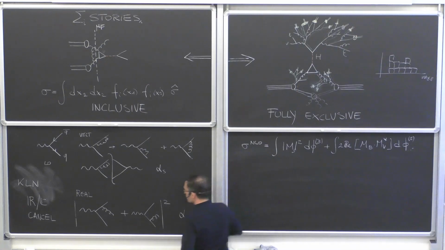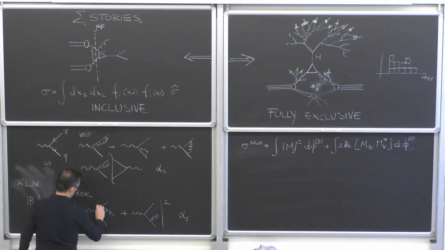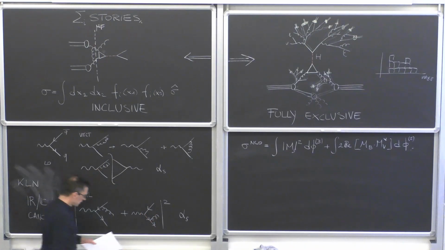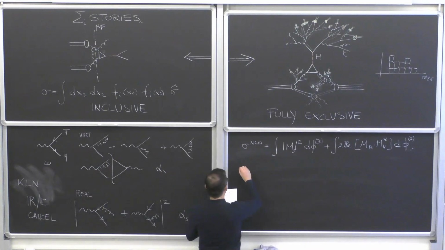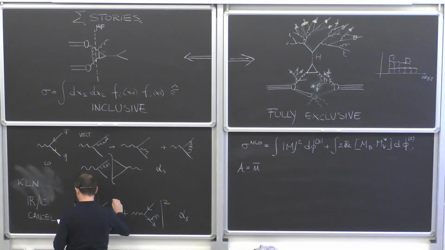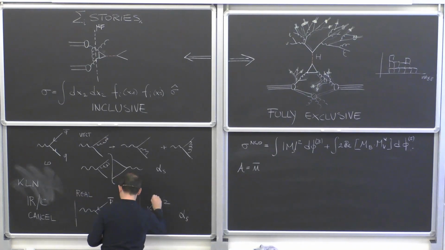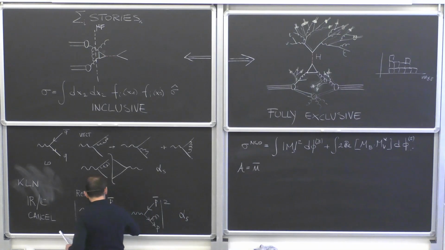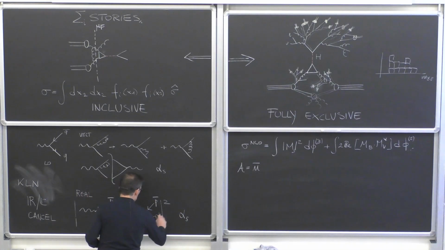Okay, so the real amplitude. As I said, there are two diagrams like this. Let me write the two diagrams. Let me call the quark momentum P and the antiquark momentum P bar, and then call kappa the gluon.